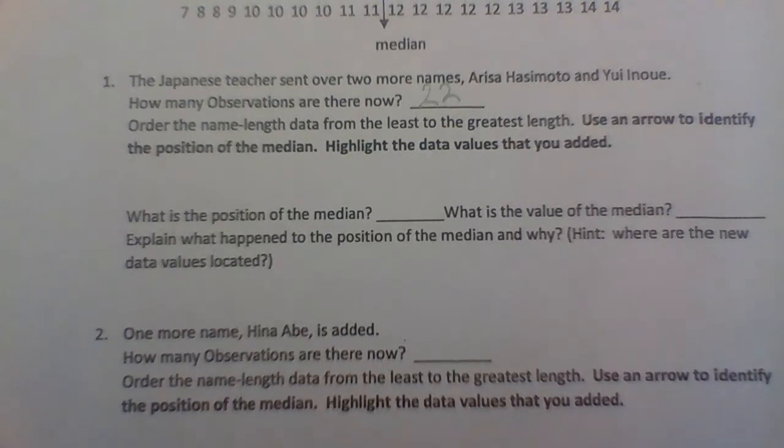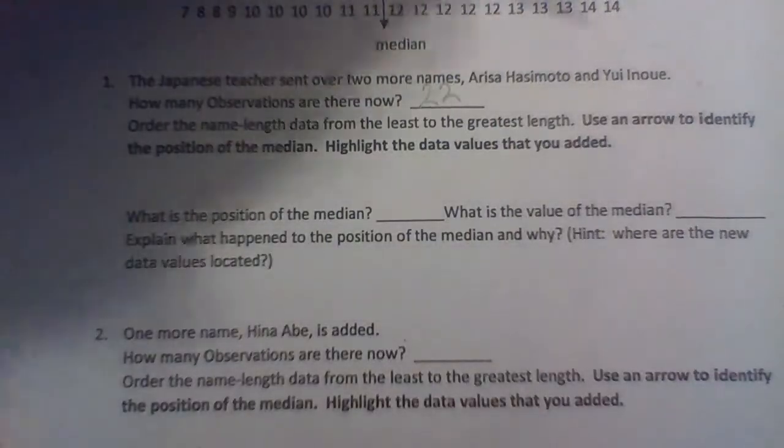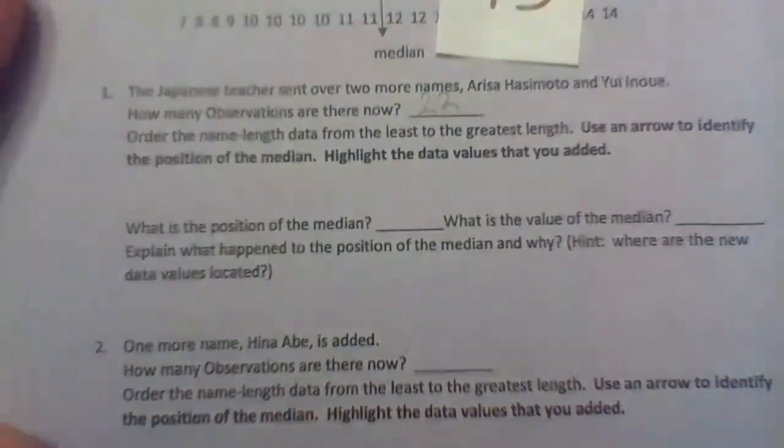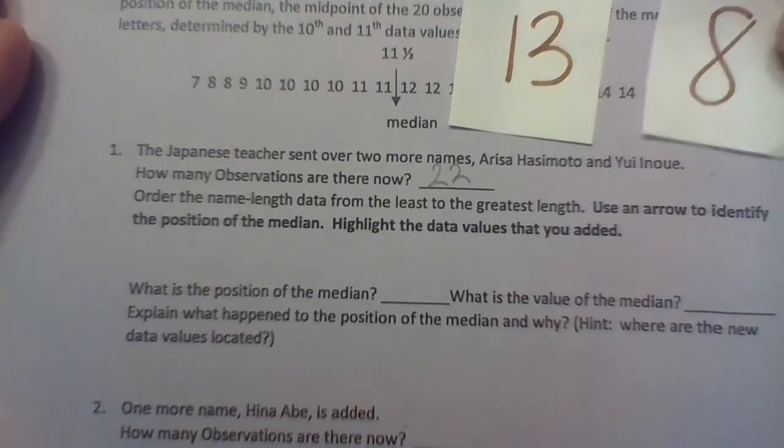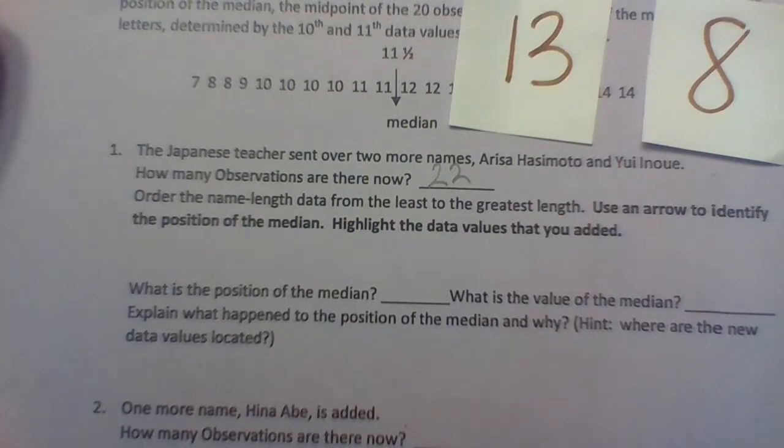So what you can do now is, with a scrap piece of paper or a couple more sticky notes, you need to add the number 8 and the number 13 to your data, because Arisa has 13 letters in her name and Yui has 8.